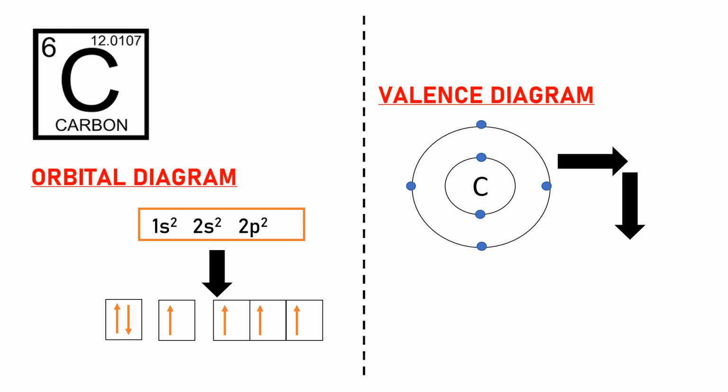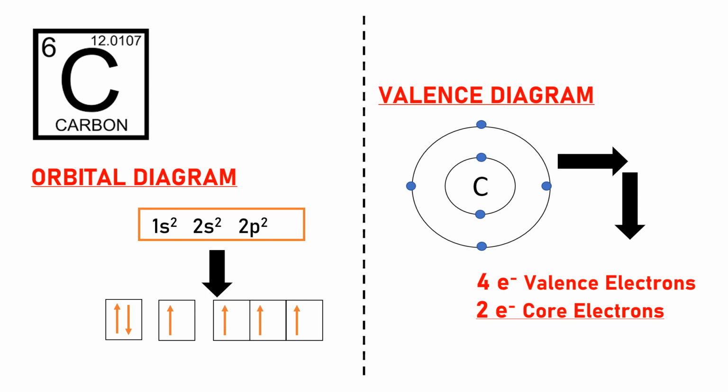We have now the valence diagram for carbon. For your valence electrons at the outermost shell, you have 4. For the core electrons, you have 2. So 4 plus 2, you have 6 electrons. So we're done.